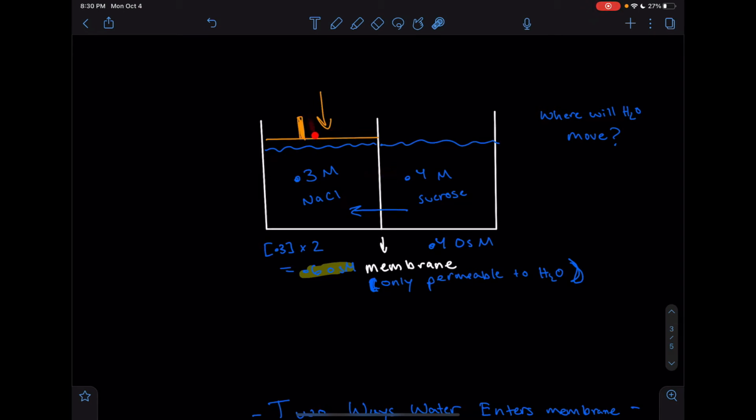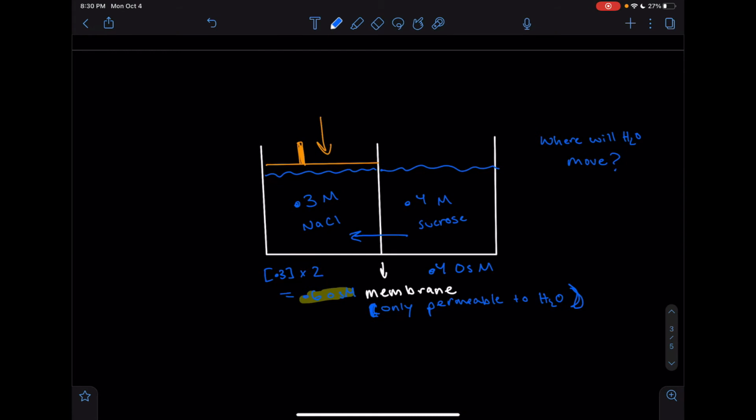How much pressure would I actually need to have no net movement of water, even though there is an unequal osmolarity on each side? That would be pi, or as we said before, osmotic pressure. So if I add an external pressure equal to osmotic pressure, then I'm not going to have any net movement of water. Keep that in mind when it comes to seeing cells being swollen or not.